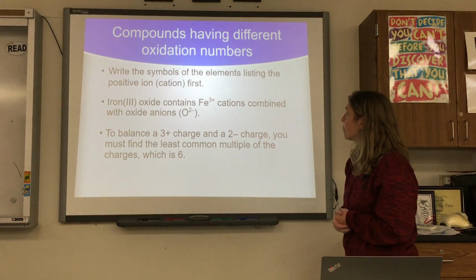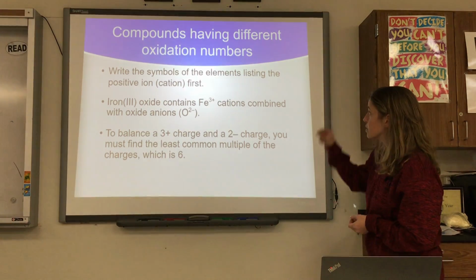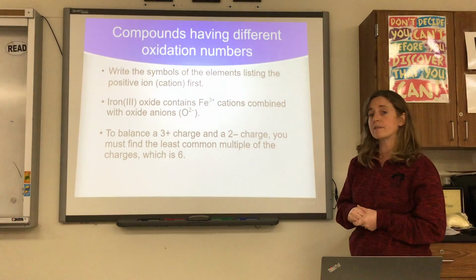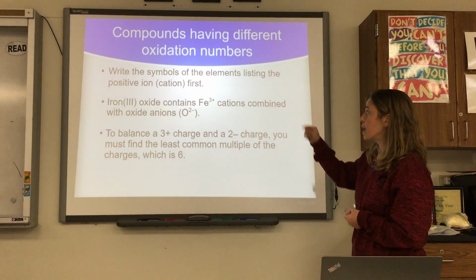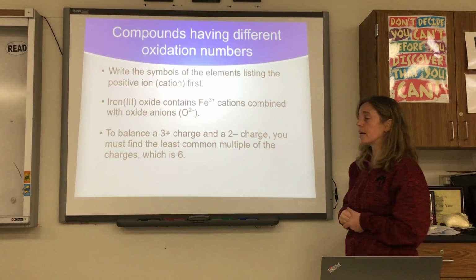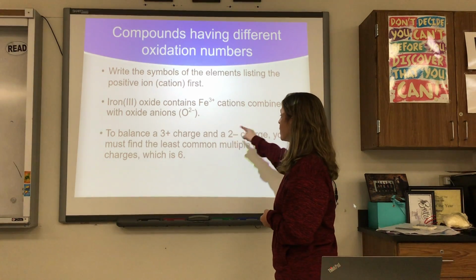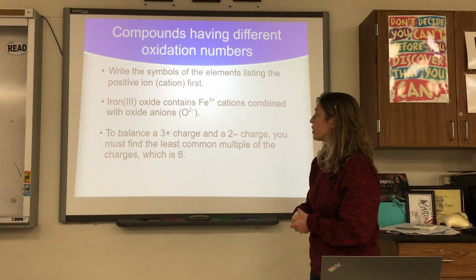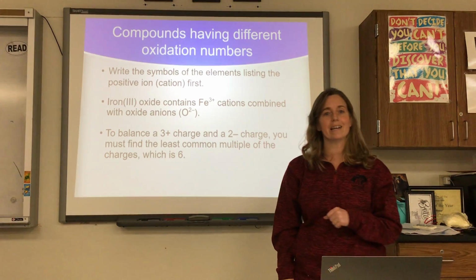Now, when you have compounds having different oxidation numbers, okay, you'll write the symbols of the elements listing the positive ion first. So iron(III) oxide contains Fe plus 3. Cations combine with oxide anions, which are minus 2. So to balance a plus 3 and a minus 2 charge, you must find the least common multiple of the charges, which is 6.